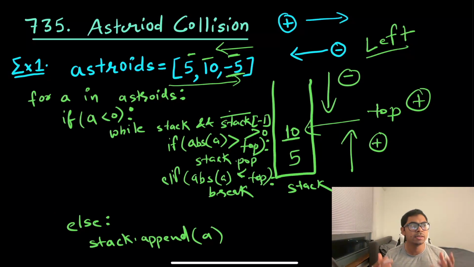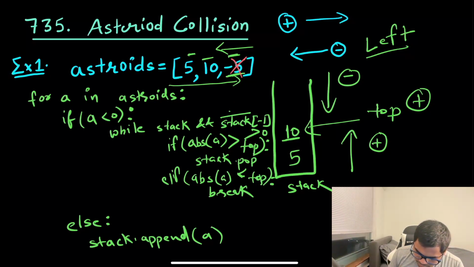I don't mean positive or negative, just the absolute value. 10 is greater than 5, so 10 must have destroyed this one. So we come out of this loop, our iteration over the asteroids is over, and we return this present state as my answer.